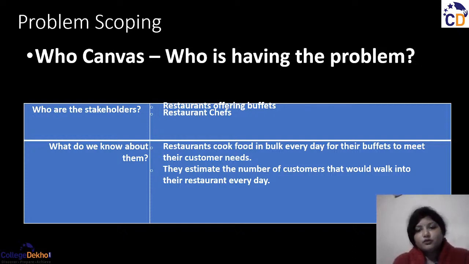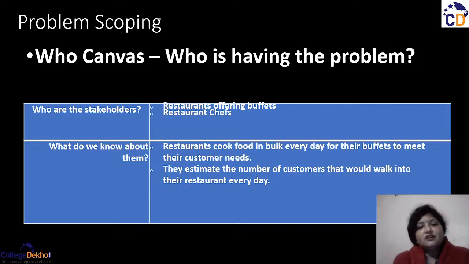One by one I'm going to take them, but let me give you a brief. That is: who is having the problem, what the problem is about, where this problem is arising, and the last part, why this problem is arising and what would be the ideal solution for this problem.